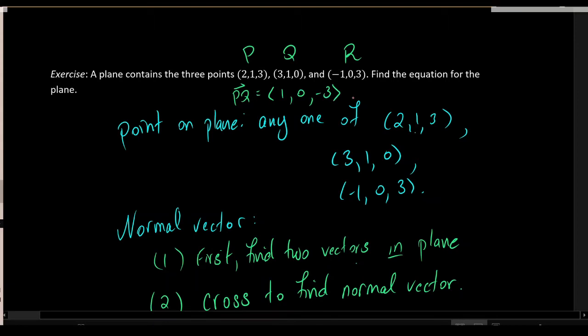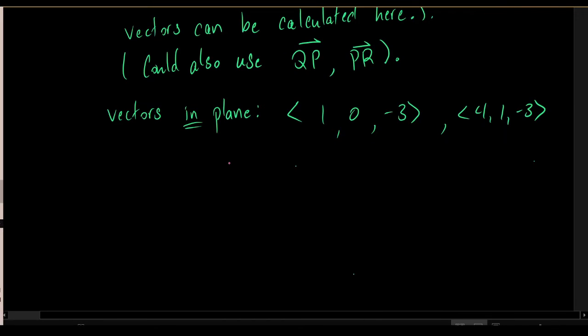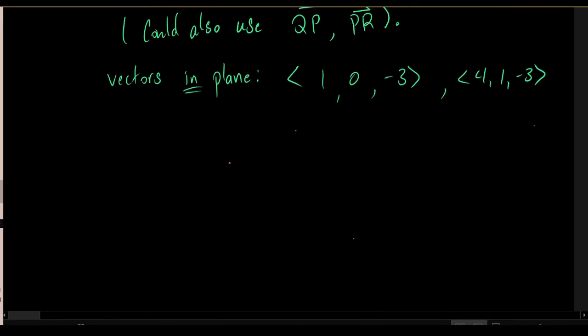The vector stretching from R to Q, terminal minus initial, 3 minus negative 1, 1 minus 0, 0 minus 3. Having obtained those two vectors that are contained inside the plane, I can then cross them to obtain a vector normal to the plane.